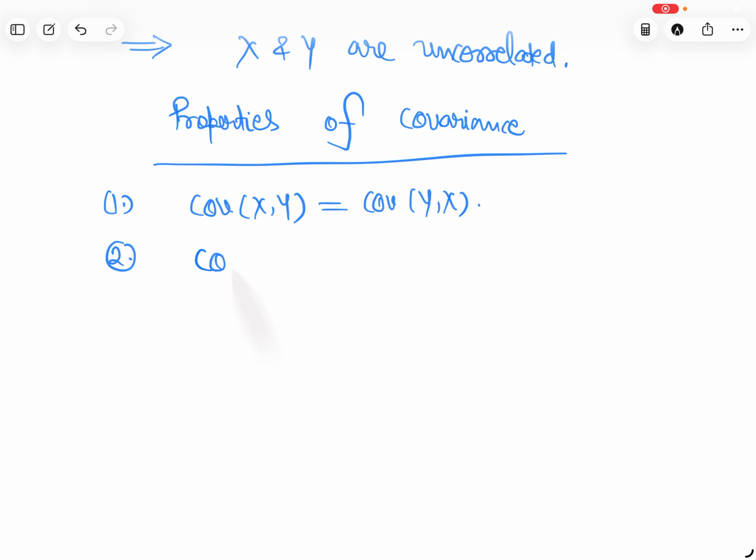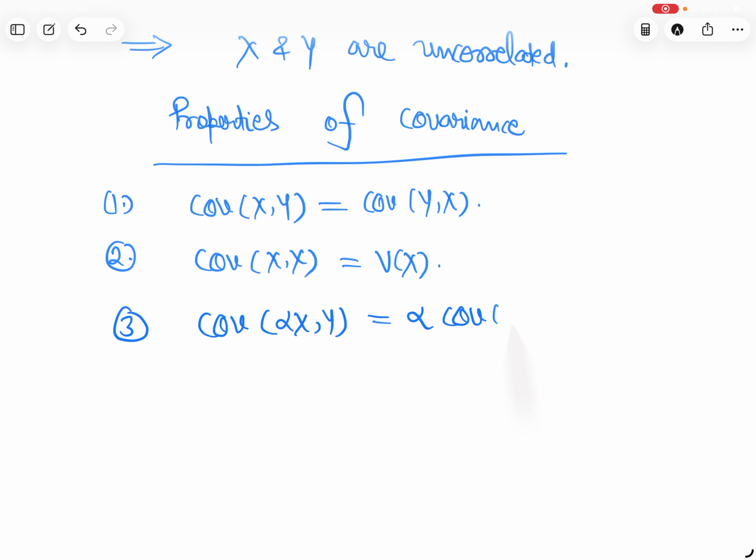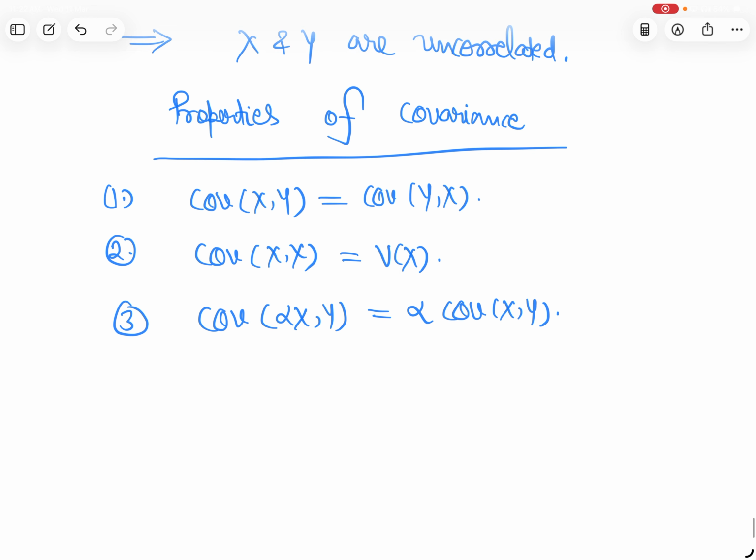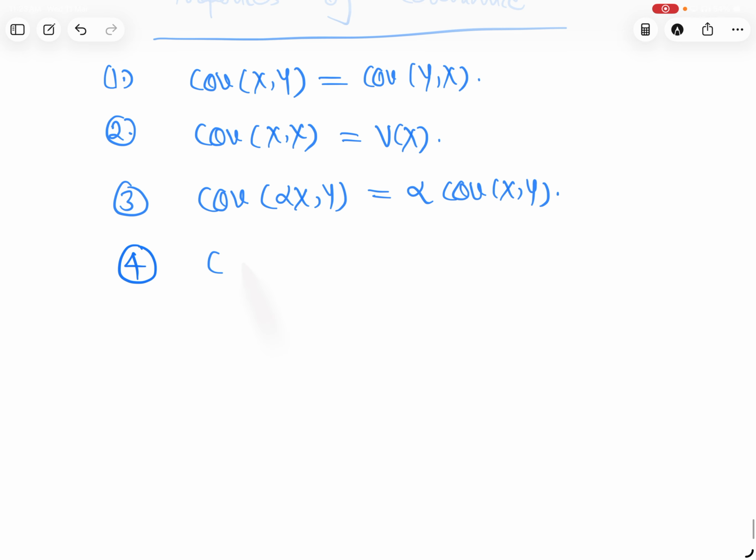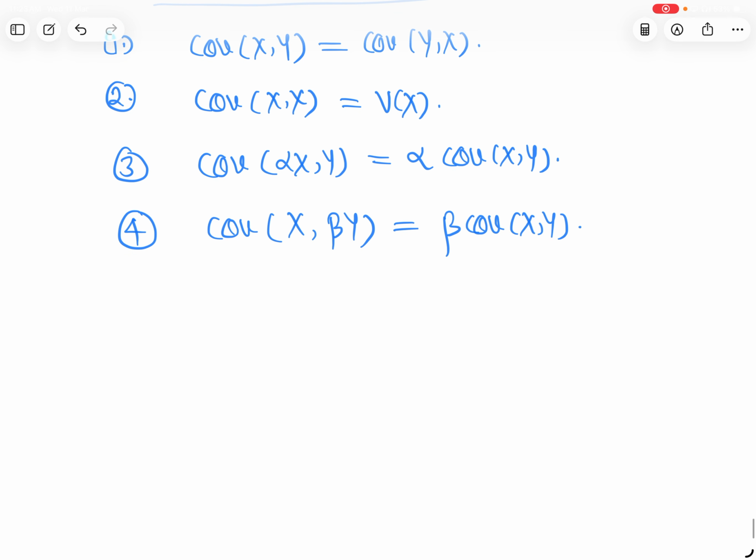Second is covariance of XX is equal to variance of X. Third property is that covariance of alpha X, Y is equal to alpha times covariance of X, Y. Fourth property is covariance of X, beta Y is equal to beta times covariance of X, Y. Sorry, I am writing beta here, it will be better. Here alpha and beta are constants.